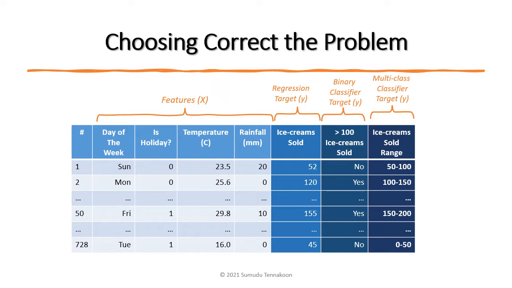And if you want to build a multi-class classifier, then you can also derive different ranges using ice cream sold. We did several exercises in our class on how we can turn a numeric value into a categorical column or binary column in Python using pandas functions. Okay, so let's revisit this in our Python exercise for this lesson. But for now, let's understand this.